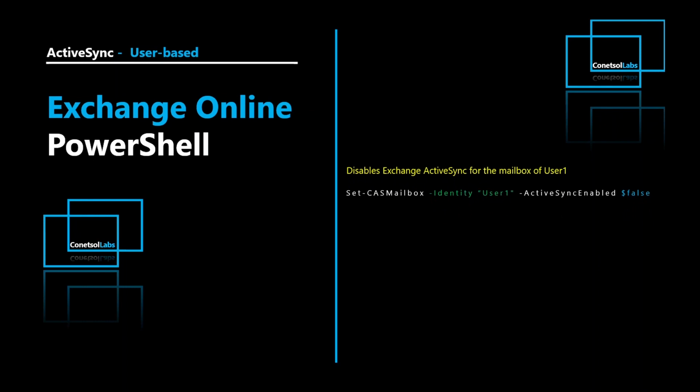What if we want to enable ActiveSync for this user? If the ActiveSync enabled parameter value is true, ActiveSync will be enabled for that particular user. This command enables ActiveSync for the mailbox of user 1.